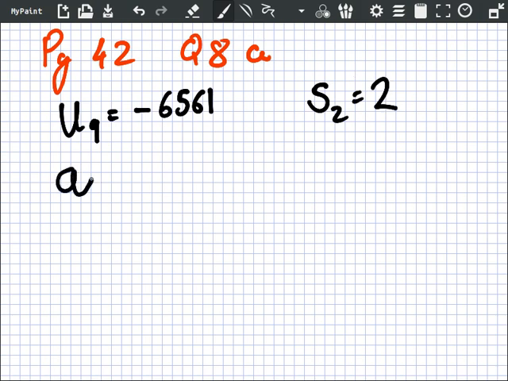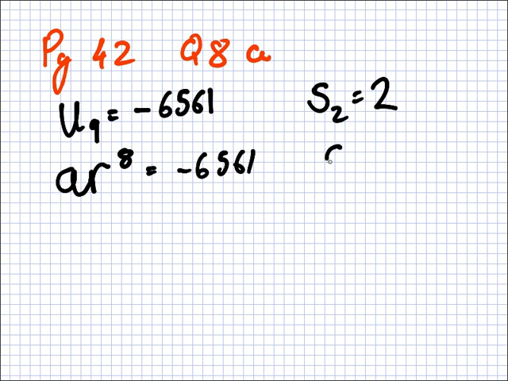So here you have A r to the 8 equals minus 6561, and the sum of the first two terms, A plus A r, is equal to 2.